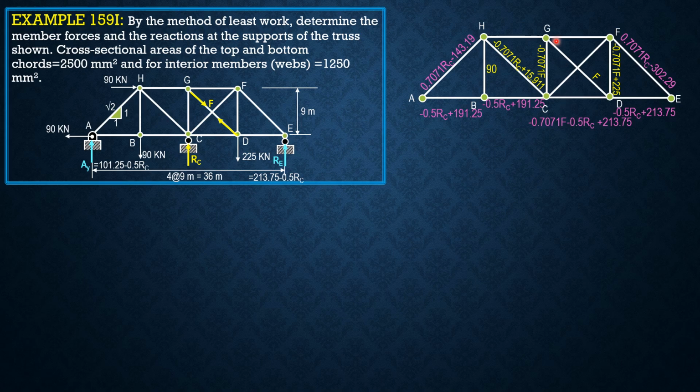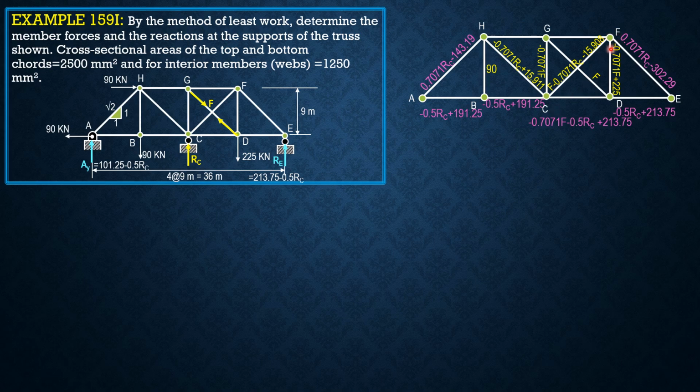At G, summation of forces vertical, you will get negative 0.7071 F for CG. Then at F, summation of forces vertical, you will get F minus 0.7071 RC minus 15.908 for CF.